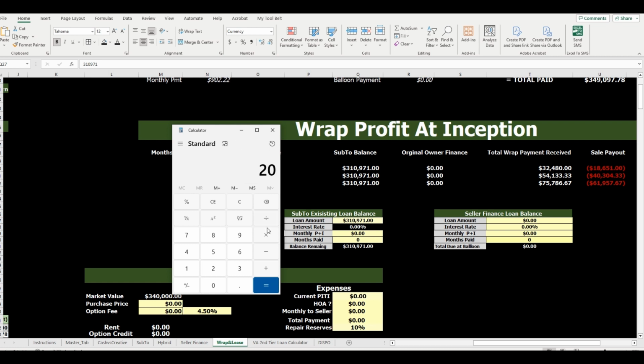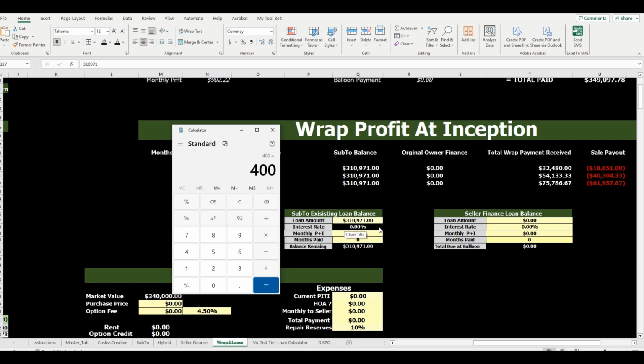Let's say the principal portion of the P&I is maybe $450 or $400. Principal is $400, and we know that the seller has made 20 payments up to this point.